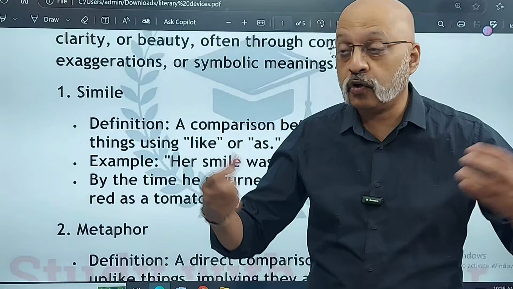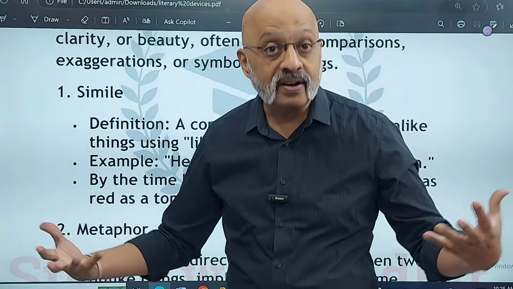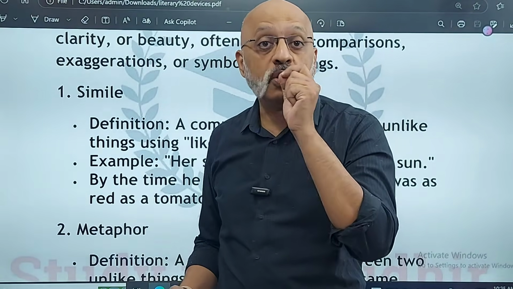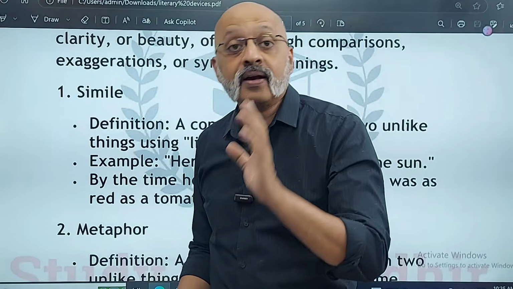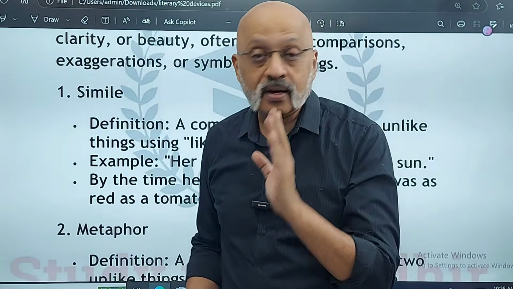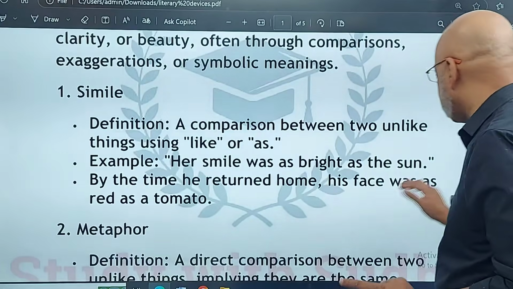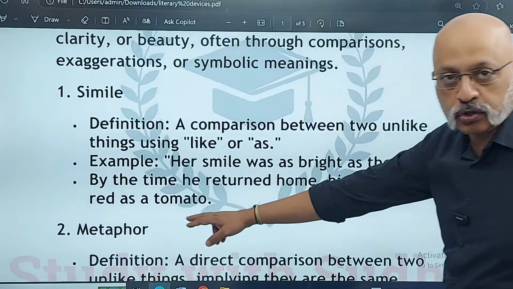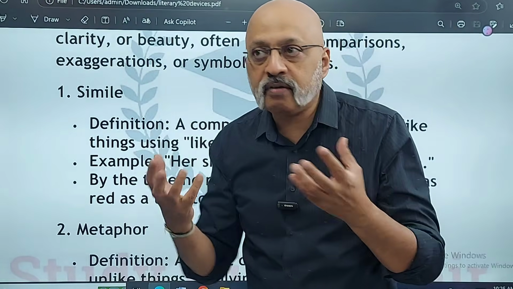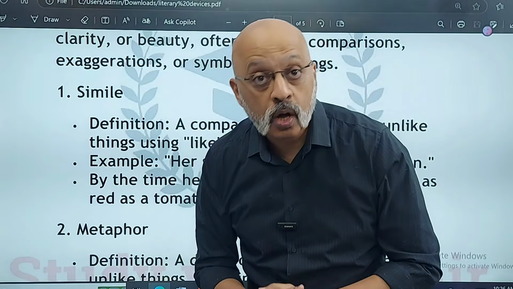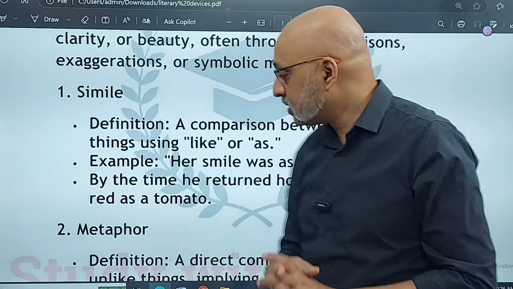She was so beautiful, so charming, and so radiant. So wherever you use the words as or like, it means that is a simile. By the time he returned home, his face was as red as a tomato, right? So he was completely red because of the exposure to very harsh and severe sunlight.